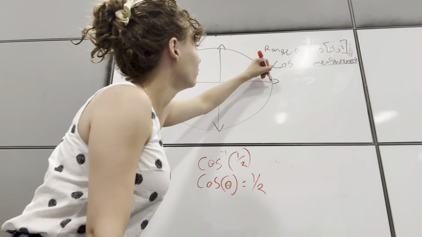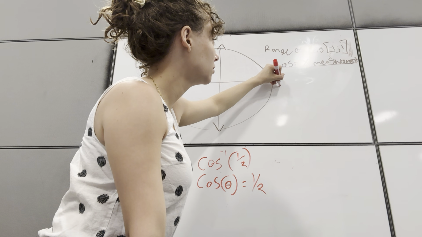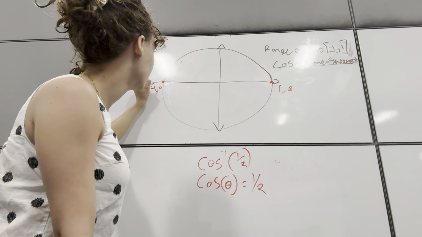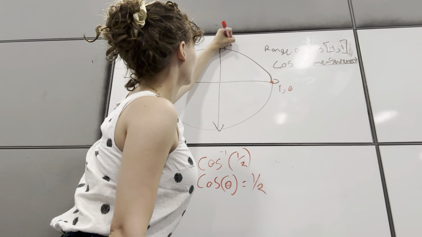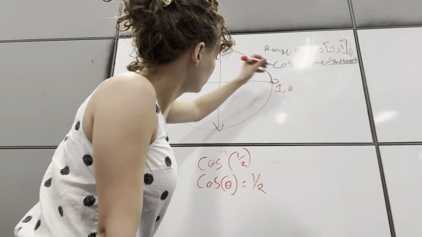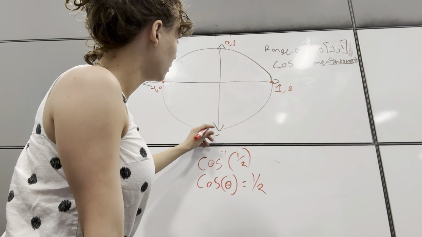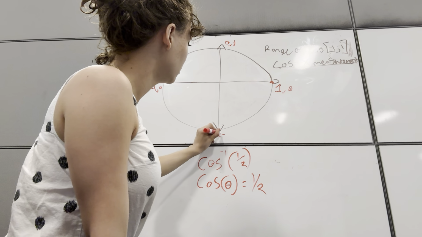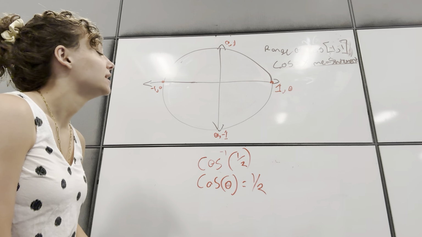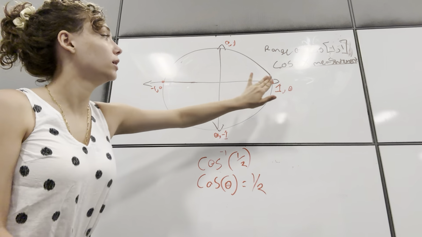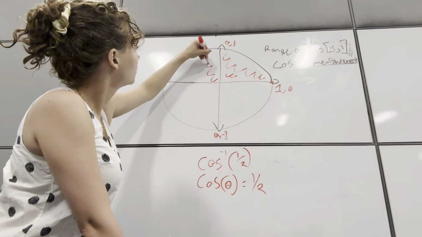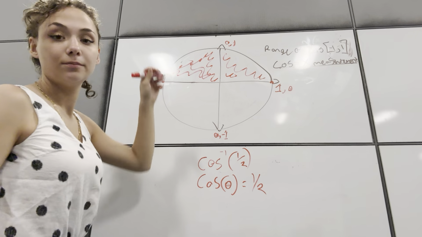Remember that this point is (1, 0), this point is (-1, 0), this one would be (0, 1), and this would be (0, -1). So the x measurement can go anywhere between -1 and 1, and all we're going to worry about is the space between here and here.